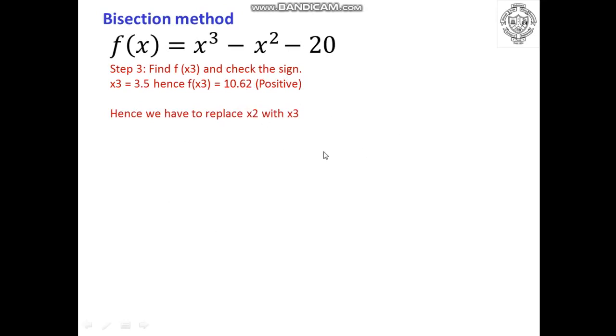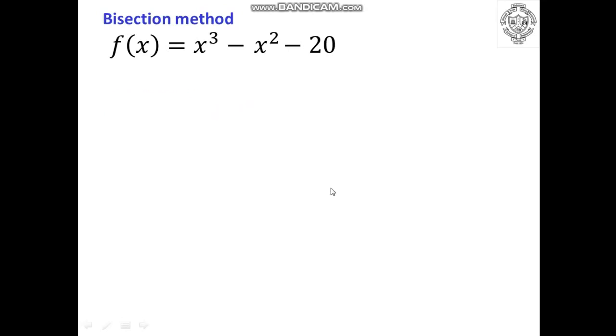Why are we doing this? Because the function at x3 is positive, that is 10.62.